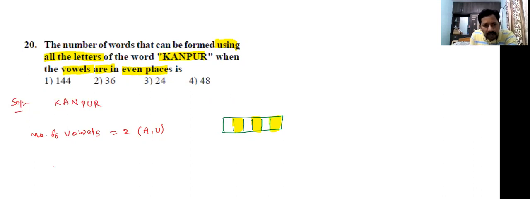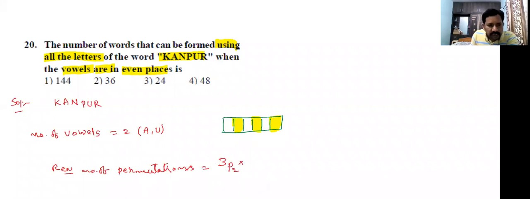So required number of arrangements, or required number of permutations, is equal to: out of three places filled with two vowels, that is 3P2 ways. Remaining, how many consonants are there?